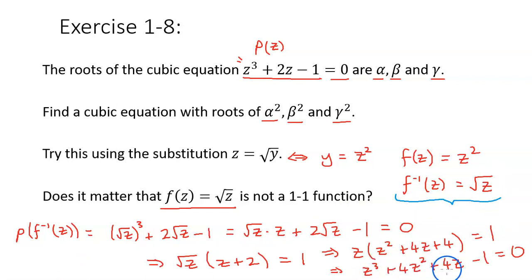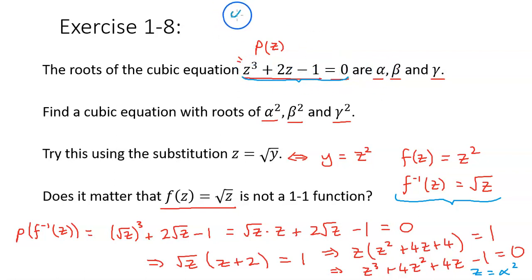Let's do a little bit of reverse work here and actually confirm that the value z equals alpha squared does actually make this equation here true. And we can do it simply by using the first equation, p of z, where we know that alpha is a solution of it.